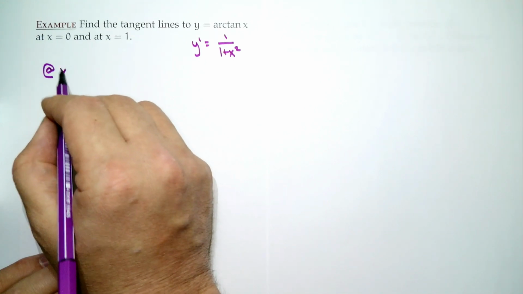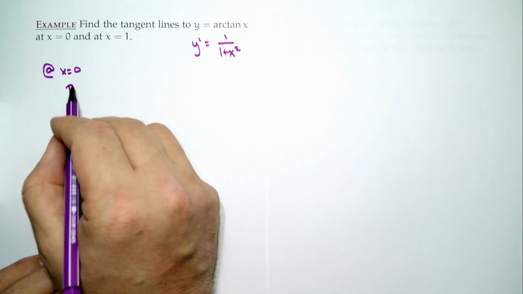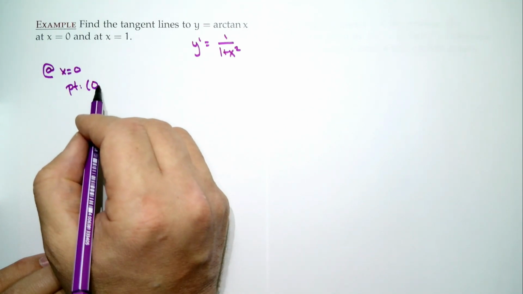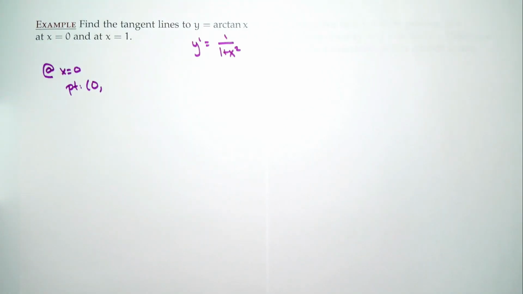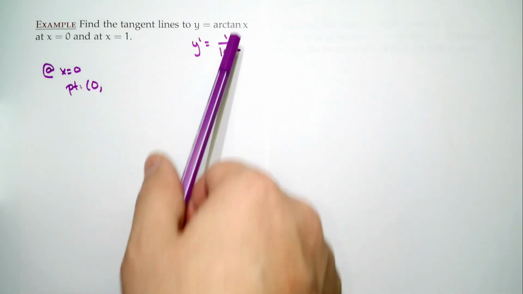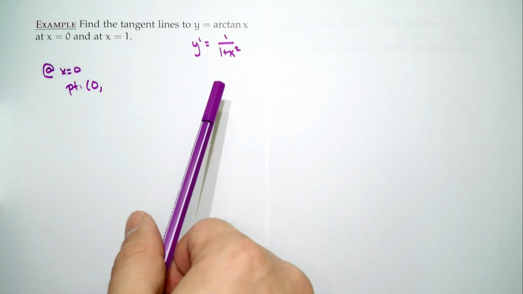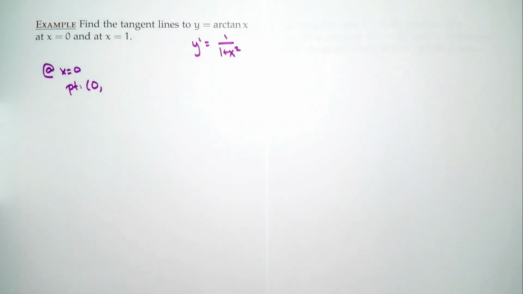So at x equals 0, our point is going to be 0, comma. How do we get the y-coordinate? Plug it into which part? Arctangent x or 1 over 1 plus x squared? The arctangent. Okay, what is arctangent of 0? Arctangent of 0 is 0.